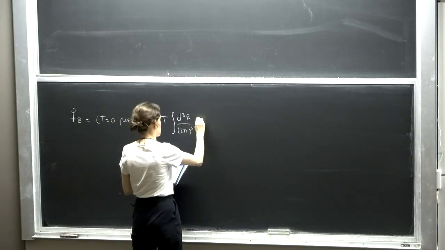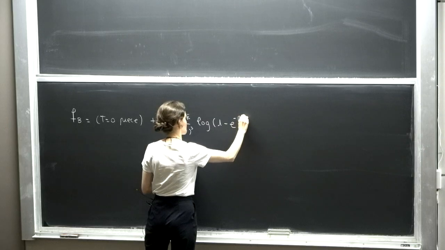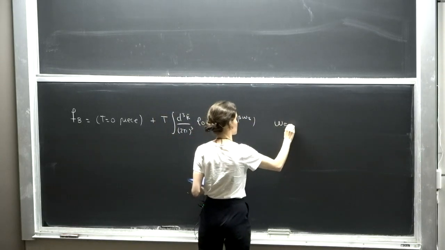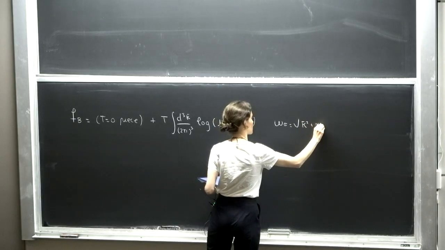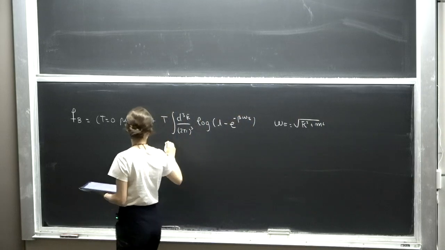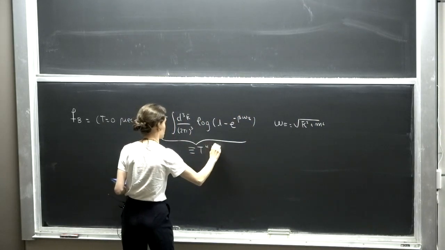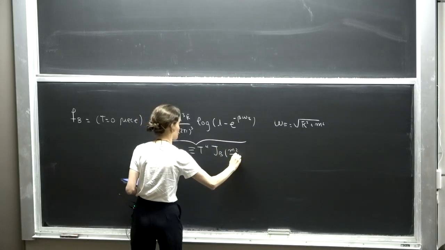And this is with omega, we'll just think of it as the usual dispersion relation for a relativistic massive particle, and then it's conventional to define this as some function J of b, and it will depend only on the ratio of the mass to the temperature.